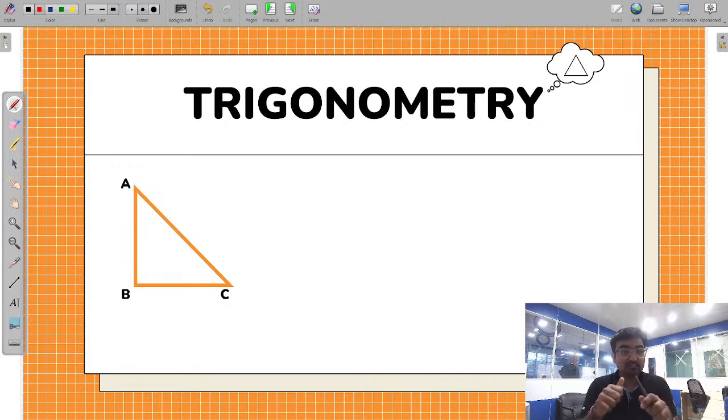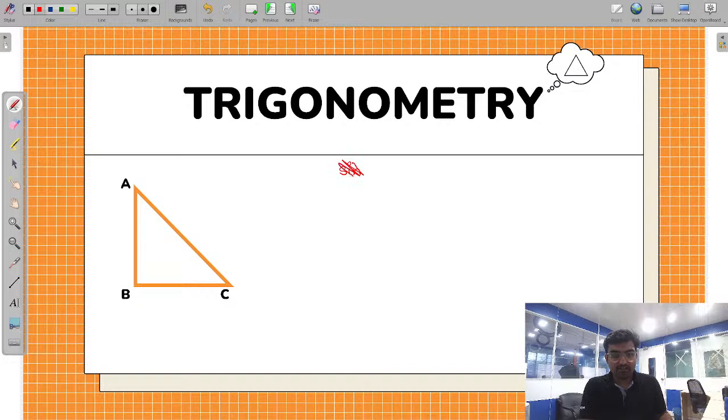If you remember these ratios, the whole trigonometry is just like a piece of cake. You don't have to remember anything extra other than that. Just remember these 6 ratios and stay with me. I'll tell you a few tricks on how to remember the other things.